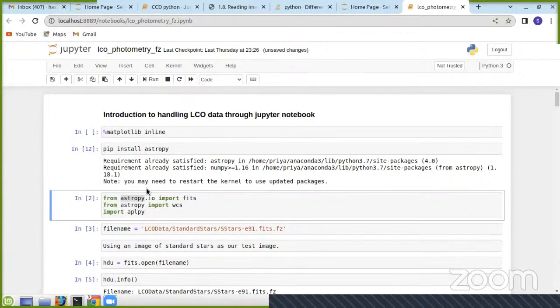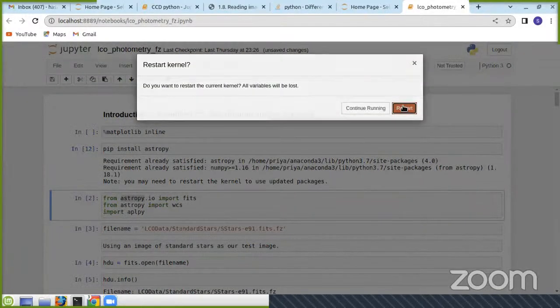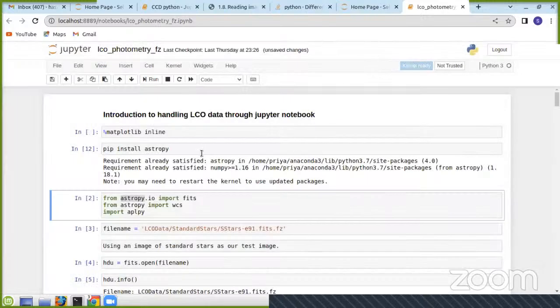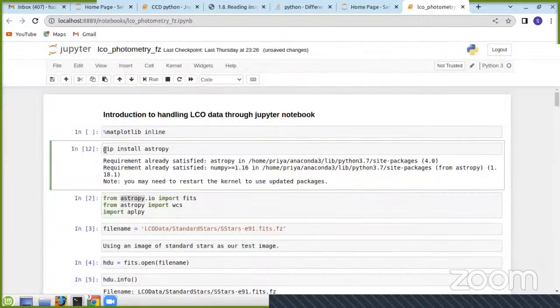If not, then it would install it, and then it will ask you to restart the kernel. On top, you will see there's a circle here with which you can restart the kernel. This is for those who are installing it for the first time.